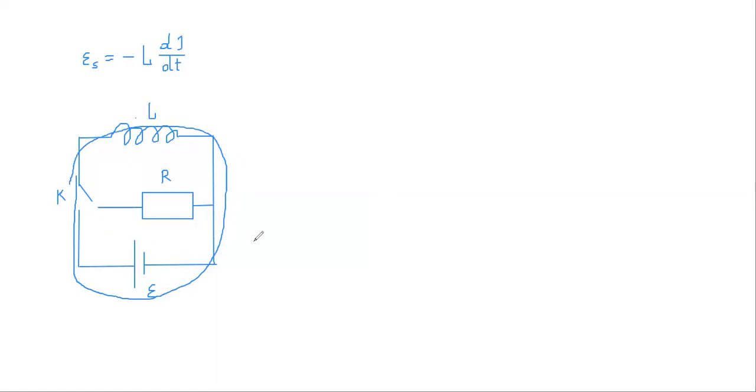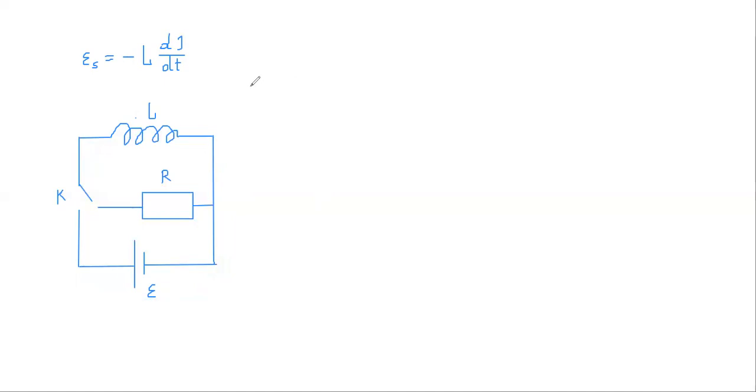So this big part of the electric circuit is activated by the switcher. What do we have in this case? If the internal electromotive force is constant, we will obtain direct electric current in the inductance.